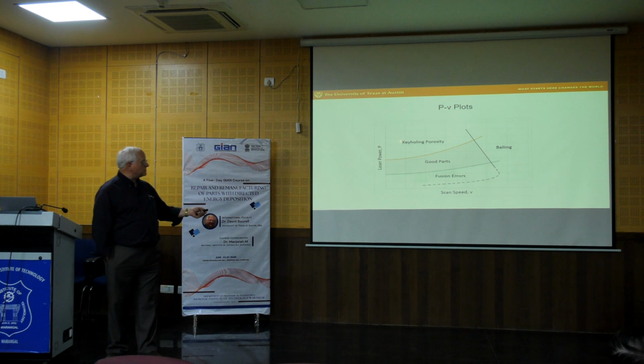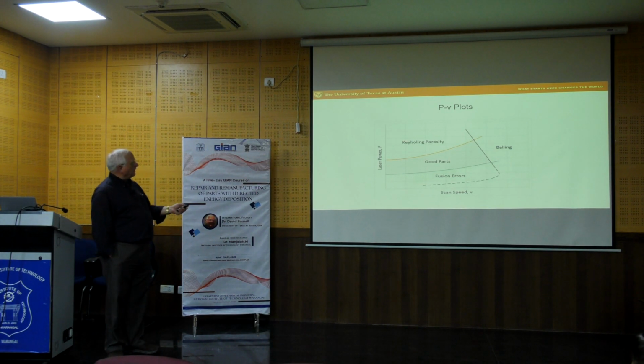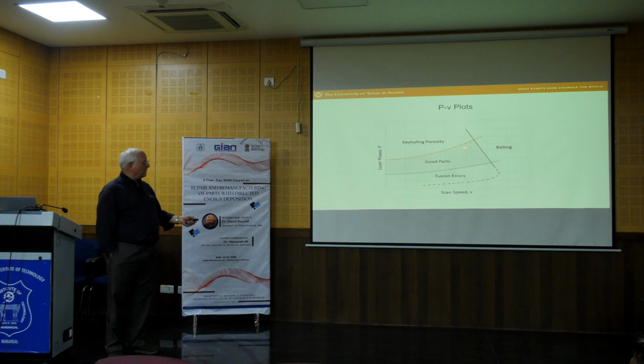It's because the power is too high, or in some cases the scan speed, the velocity, is too slow, right? And so in this case, if I'm keyholing at a certain power level, I can increase the scan speed and eventually move into the good part zone by doing that. Or, of course, if I'm here in keyholing, I can lower the power and come down this way and move into the good spot to make good parts.